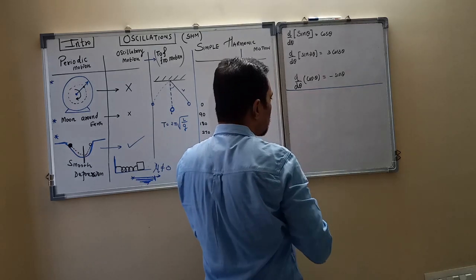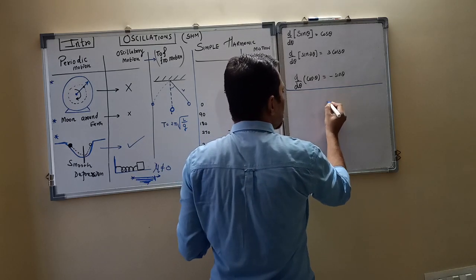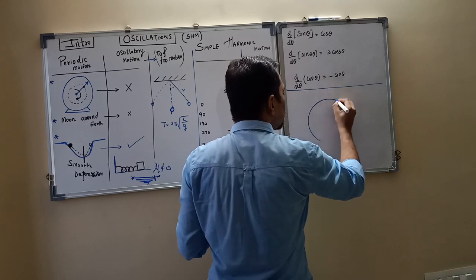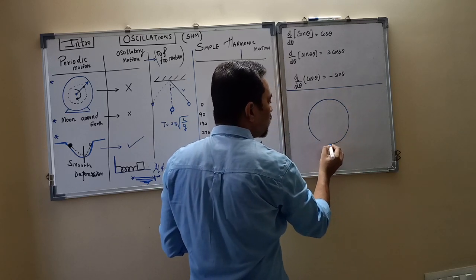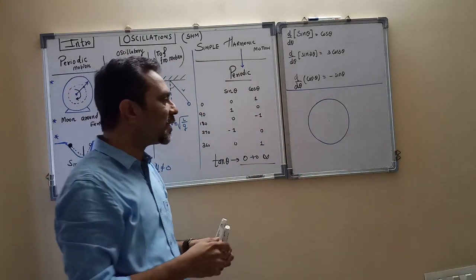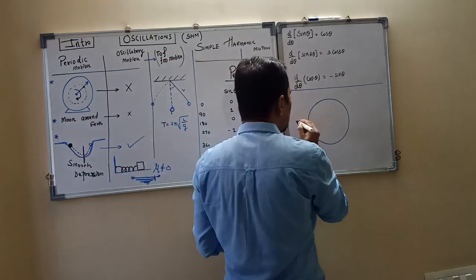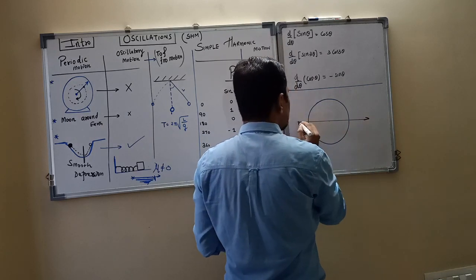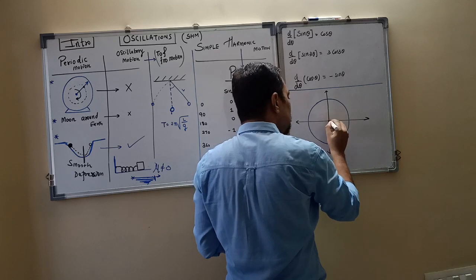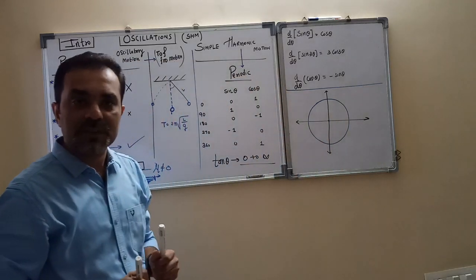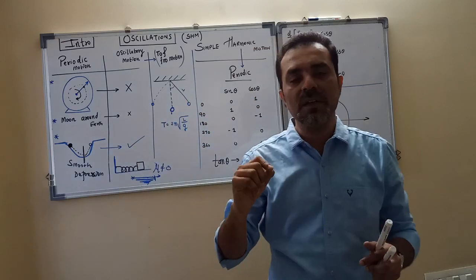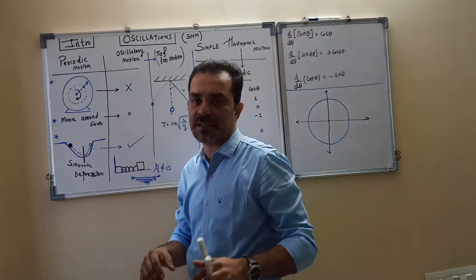Suppose you talk about a circle, imagine a circle whose center lies at the origin. Center of the circle, I have taken a circle whose center lies at the origin. This is called a standard circle.